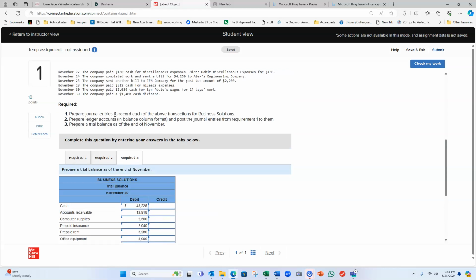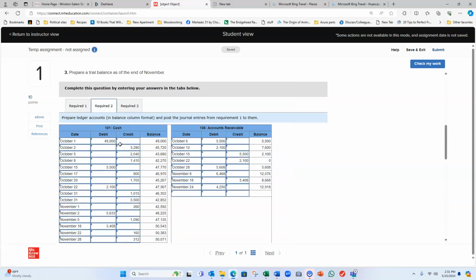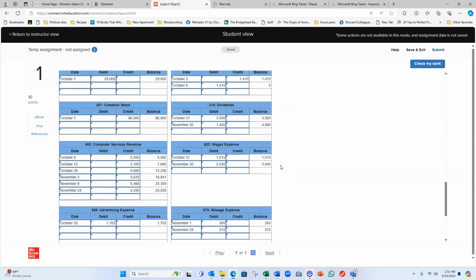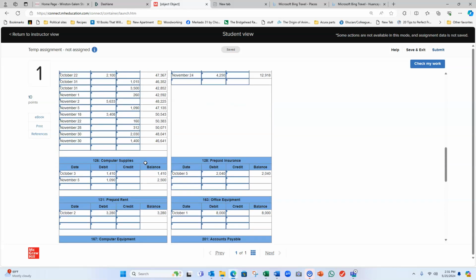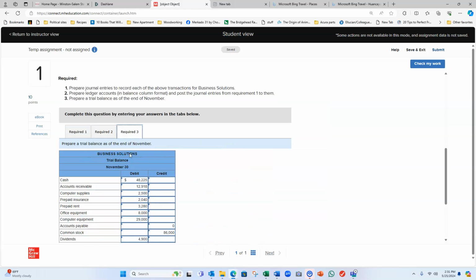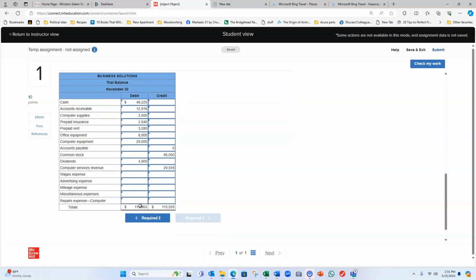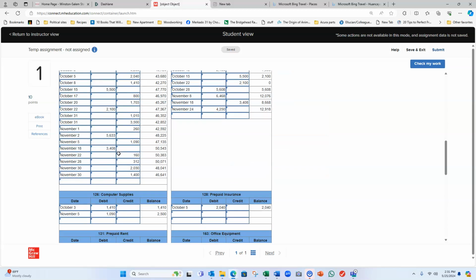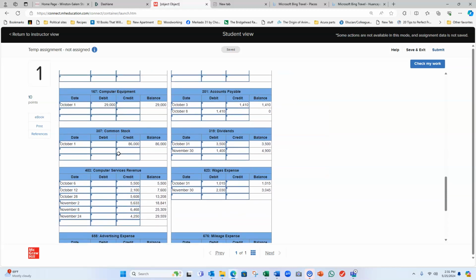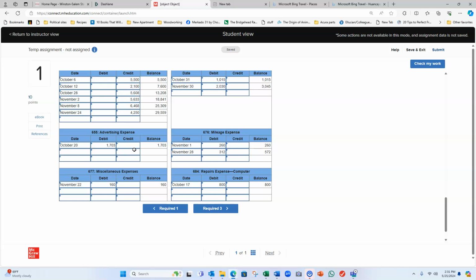Wages expense is going to have a debit balance. $3,045. Advertising expense also going to have a debit balance. $1,703.